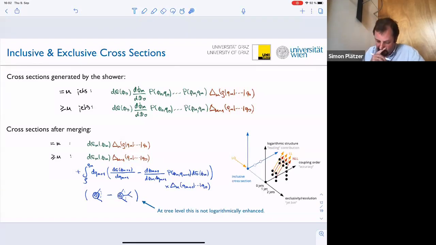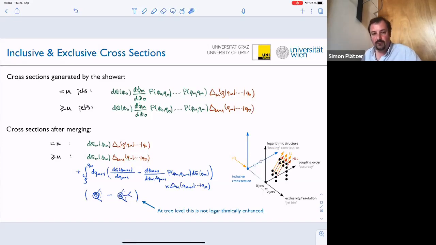Now let's have a look at this term in a bit more detail. And this term is actually, if you write it down diagrammatically, thinking about not these being Feynman diagrams, but just representing cross-sections, this is a tree-level n+1 cross-section. And this is a tree-level n jet cross-section multiplied by a splitting.